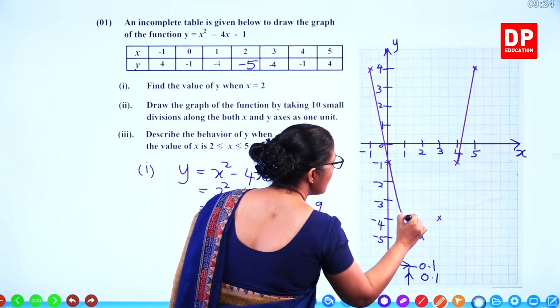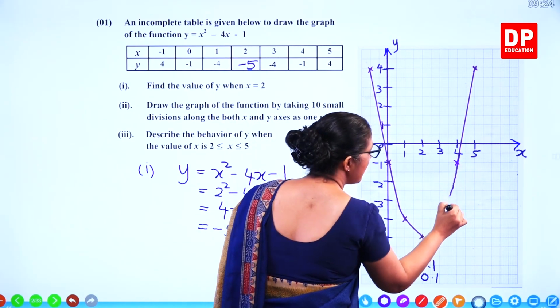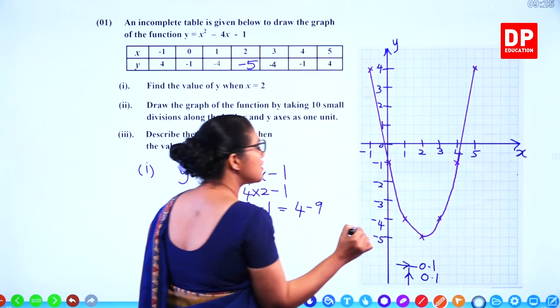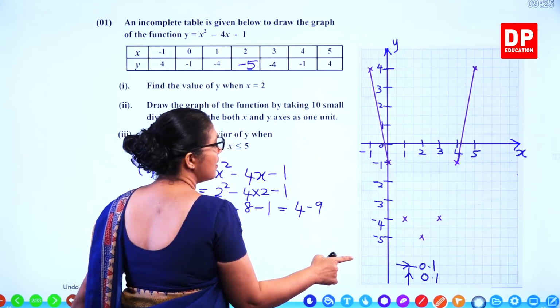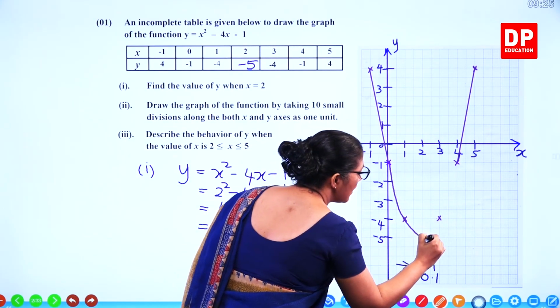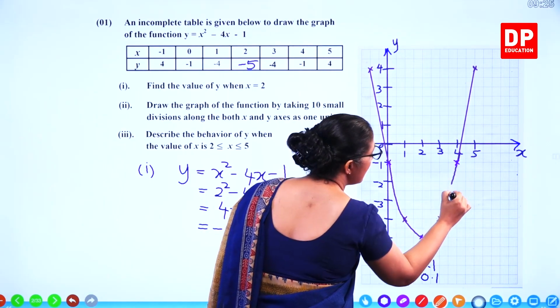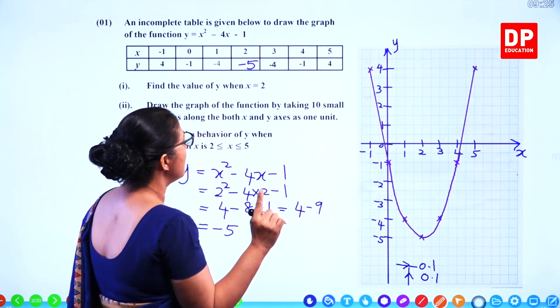Starting from here you can draw up to this point and then from this point to here. Now smoothly connect from here to here and here to here. So this is the curve.